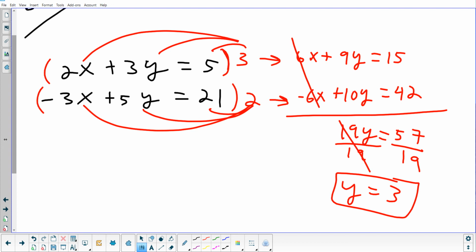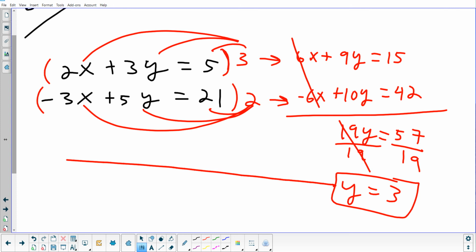Now, from here, the end of this problem is just like substitution. Plug it back in. The only downside is you don't have an equation where x is already by itself. With substitution, you would. So we're just going to pick an equation and plug y in. Which one should we pick? Yeah, the top one, the numbers are a little smaller in general.